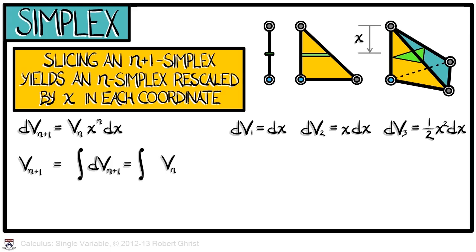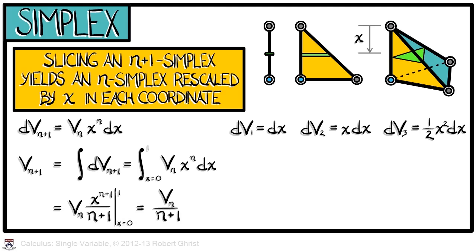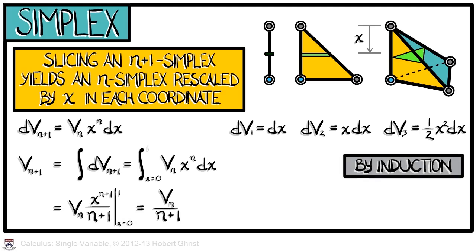That is the integral of v sub n times x to the n dx, integrating as x goes from 0 to 1. This is a trivial integral since v sub n is a constant. We obtain x to the n+1 over n+1 evaluated from 0 to 1. That gives us v sub n over n+1.